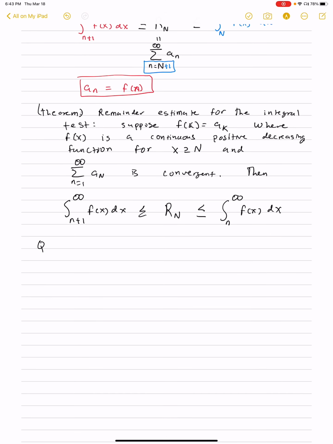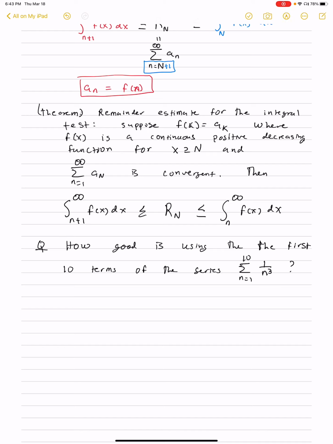Here's going to be my question. How good is using the first ten terms of the series, where we sum from n equals 1 to 10 of 1 over n cubed?